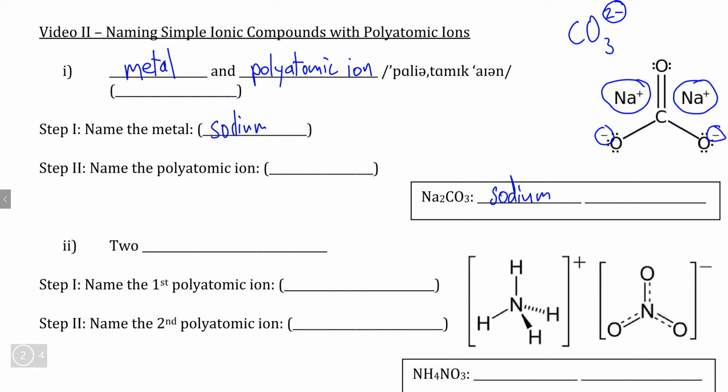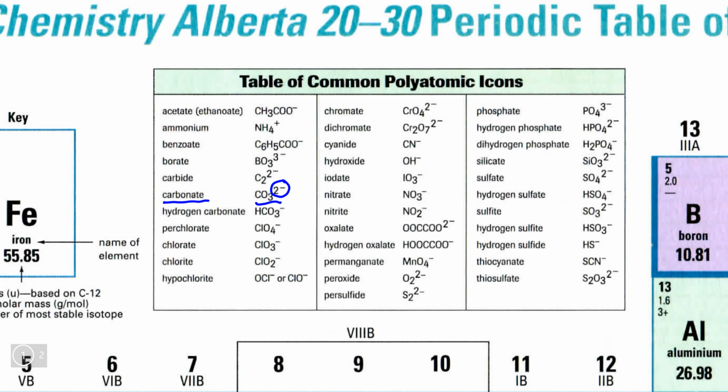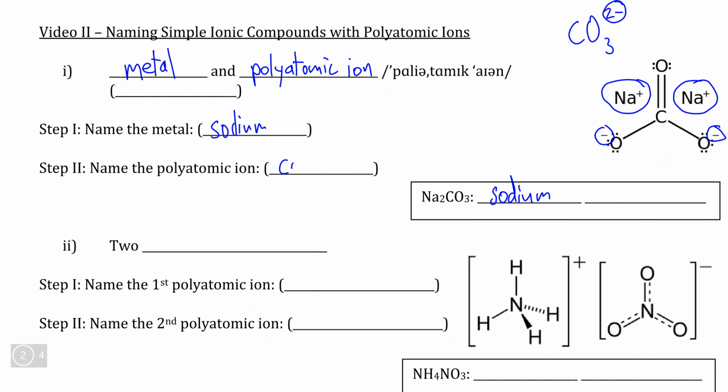We need to look up the name of the polyatomic ion, however, and usually on a periodic table it will have a separate list of common polyatomic ions that are used in ionic compounds, and we can see right here labeled already is the name of CO3 2-, which is what we call carbonate. Now, unlike with standard metal, non-metal ionic compounds, we don't actually need to do anything to this name. The name of the polyatomic ion just becomes the second half of the name of this compound. So this structure, Na2CO3, is what we call sodium carbonate.